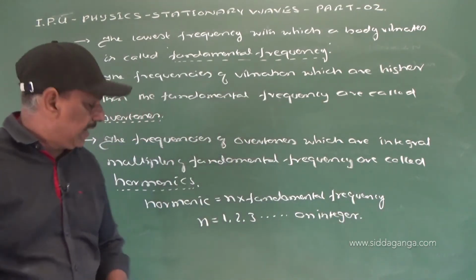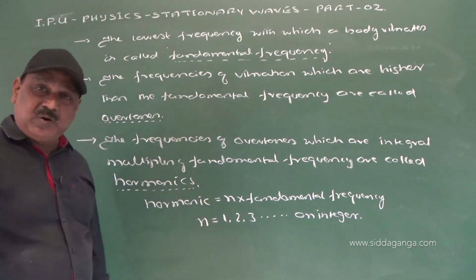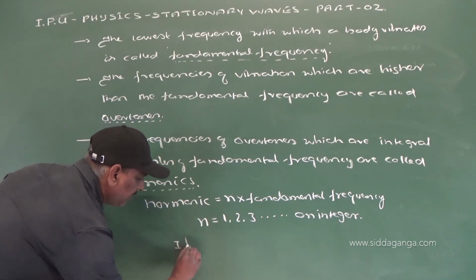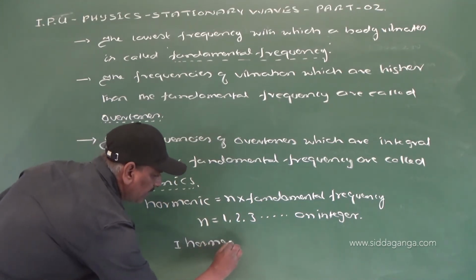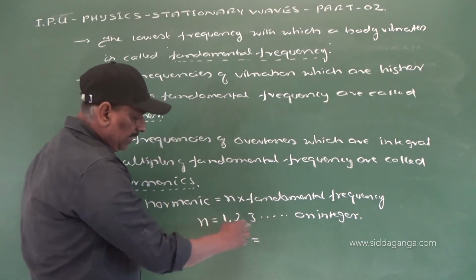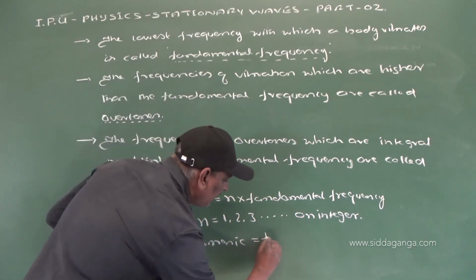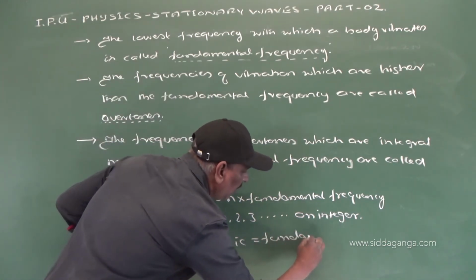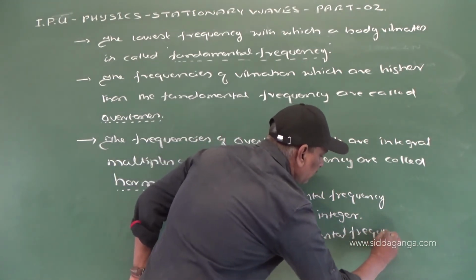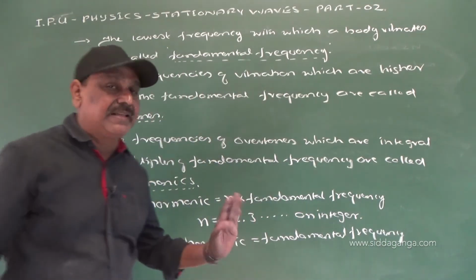When we put n is equal to 1, we get the first harmonic. First harmonic is always equal to the fundamental frequency.